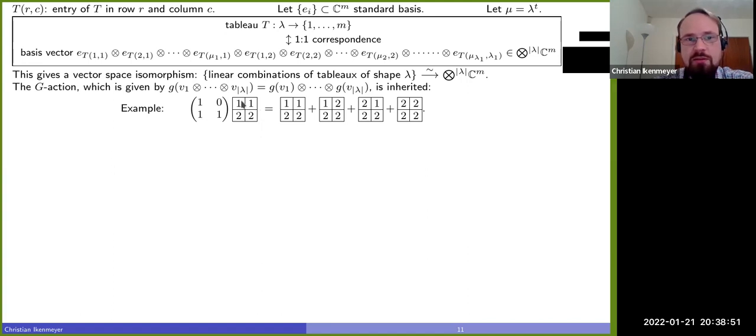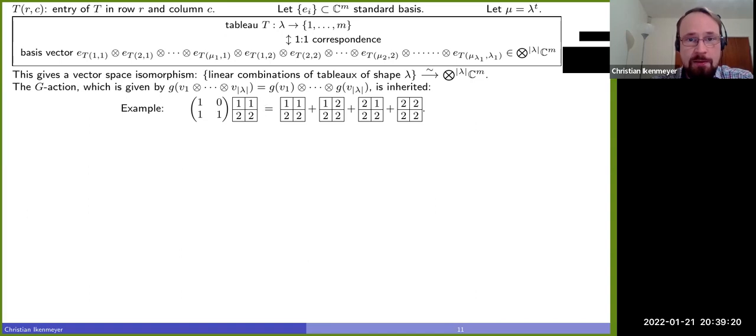This means that a 1 is replaced by a 1 plus 2, and this is expanded multilinearly on your tensors. So every 1 is exchanged by a 1 plus 2. So this is going to be 1 1, 1 2, 2 1 and 2 2. These 4 tableaus is what you get when you let it act like this. So now you have an action on this vector space.